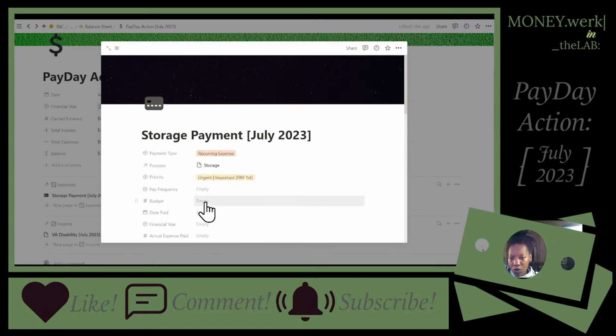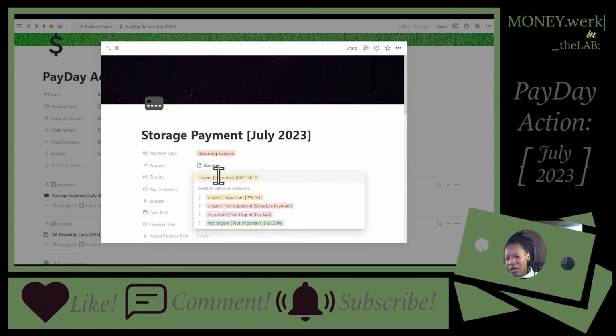I also used priority in this respect because in any other context, I don't necessarily use priorities this way. I tend to get stuck using this quadrant for prioritization for other tasks, because I get stuck on the urgent and not important.